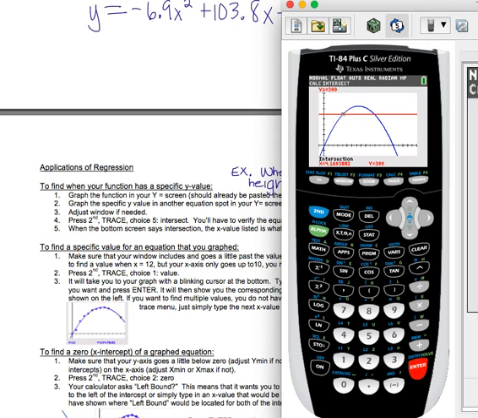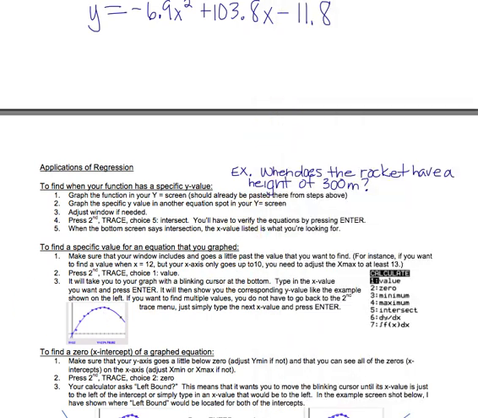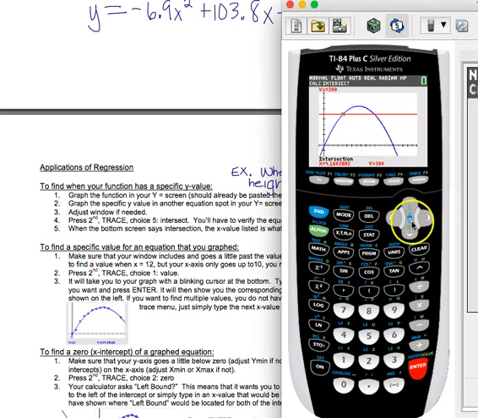When is the height 300 meters? One answer would be after about 4.2 seconds. We could say after, and this squiggly equals means approximately, so it indicates that we've rounded. So after about 4.2 seconds would be one answer.